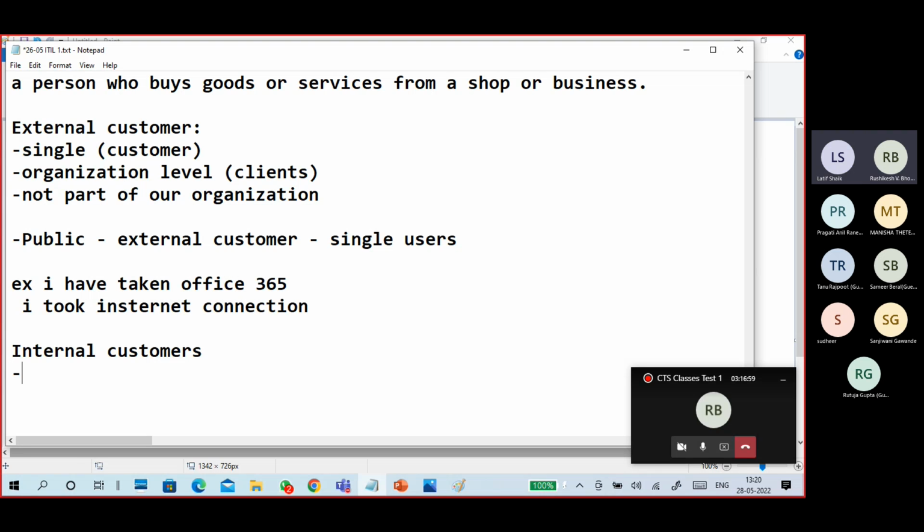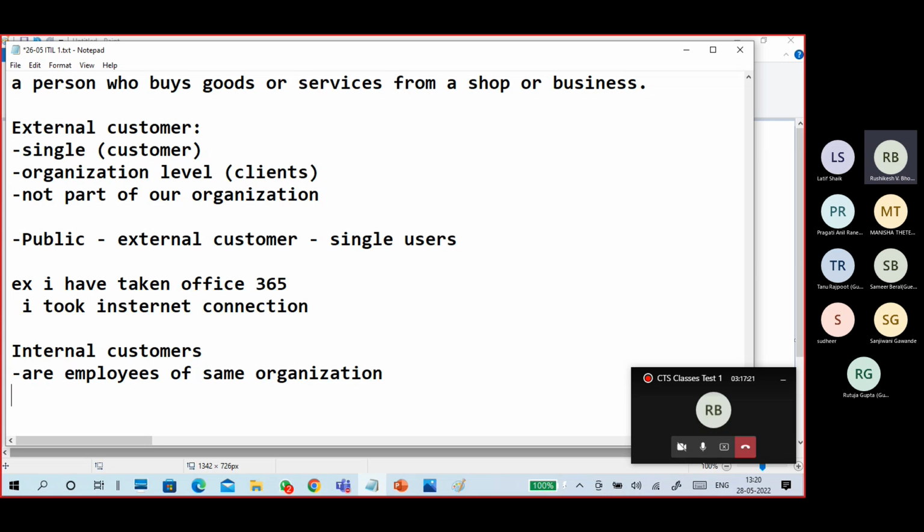So these internal customers are employees of the same organization. Employees of the same organization.